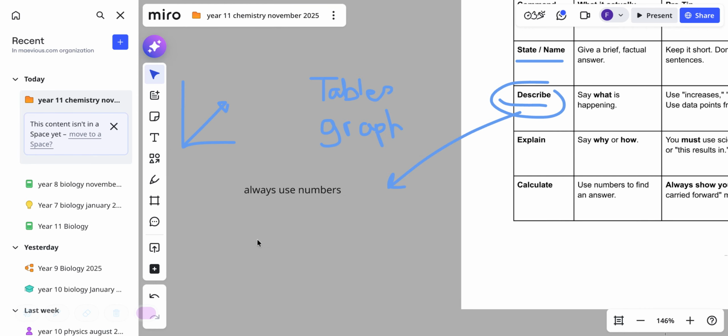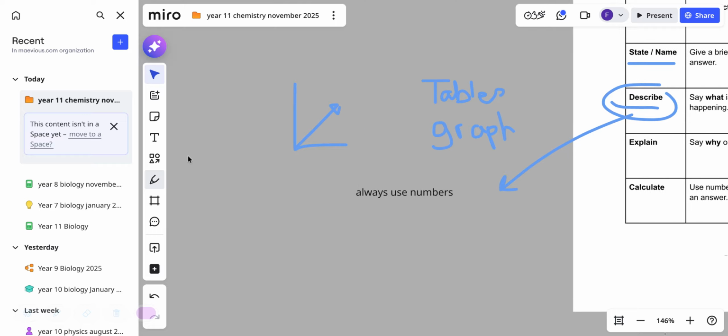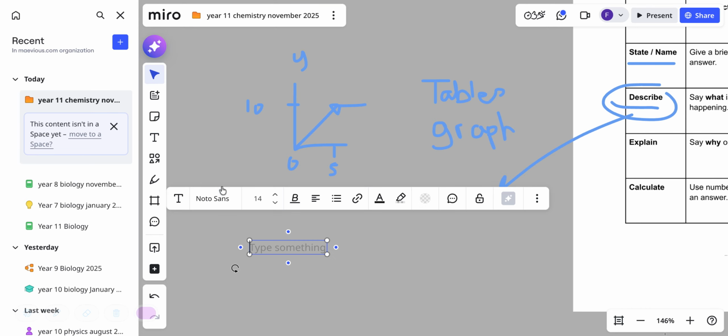What I mean by that is if the graph looked something like this, and this was 0, and this was 5, and something like 10 on the y-axis, what I would expect a good answer to a describe question to say is the graph goes upwards, or positive gradient, whatever. I'm trying to make it as simple as possible.